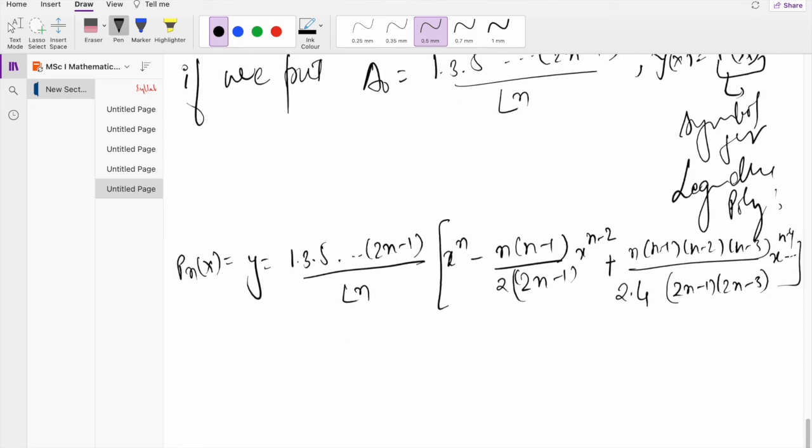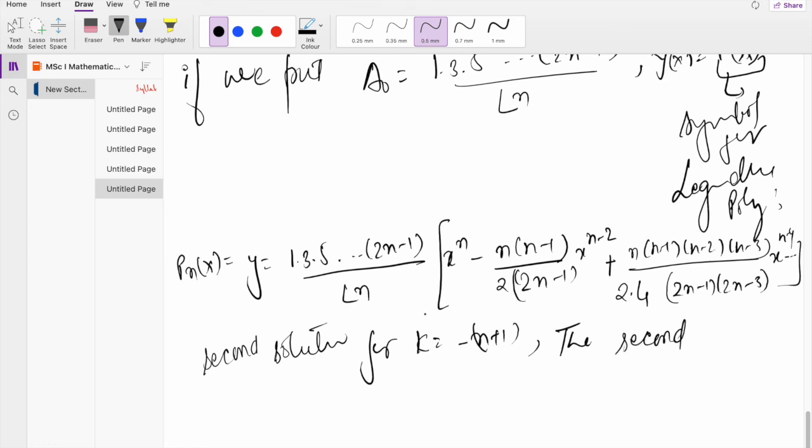Alright. So the second solution, we can also calculate the second solution. Simply, the second solution will be for k equals to minus n plus 1. Just substitute here k equals to n plus 1. So one solution is this.